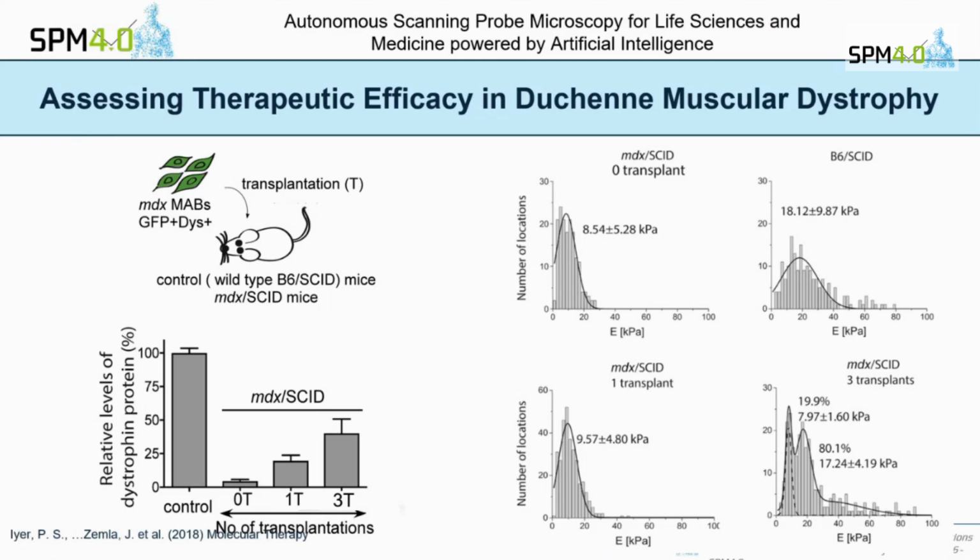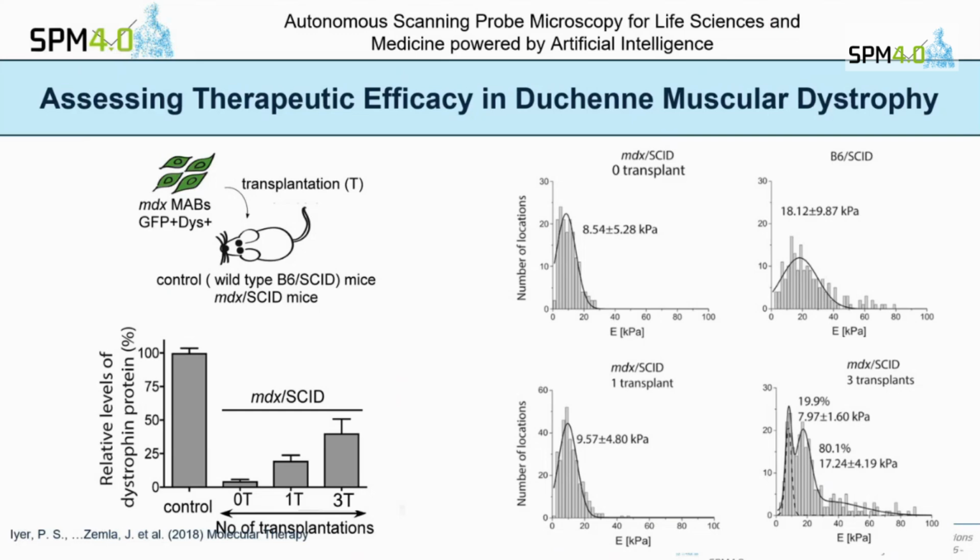These mice were injected with, it's called, mesoangioblast cells. This is a sort of primary cells, and there were different numbers of these transplantations.